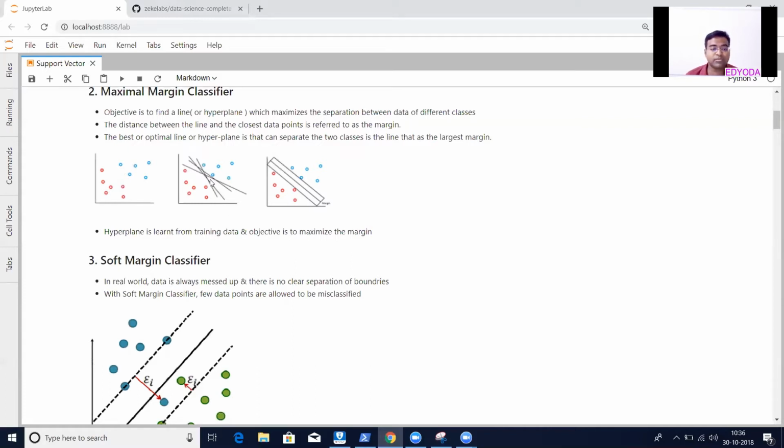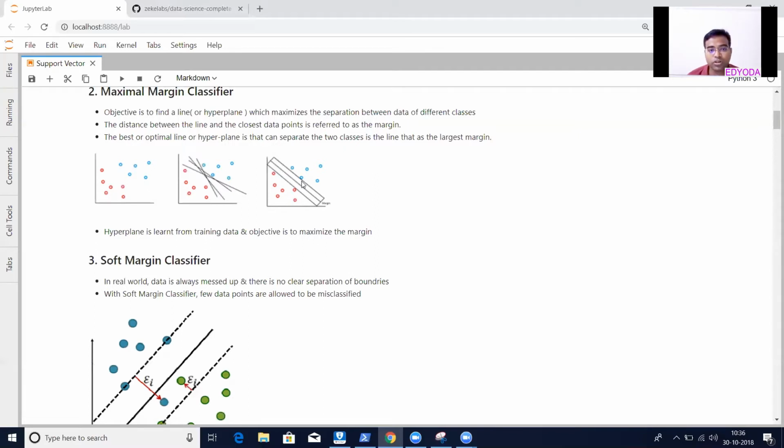The maximal margin classifier chooses a line such that it maximizes the separation between these two classes. It will consider the nearest points for finding the line. In this case, this is the nearest blue point and this is the nearest red point. It tries to find a line which is equidistant from these points. So that is the maximal margin classifier.